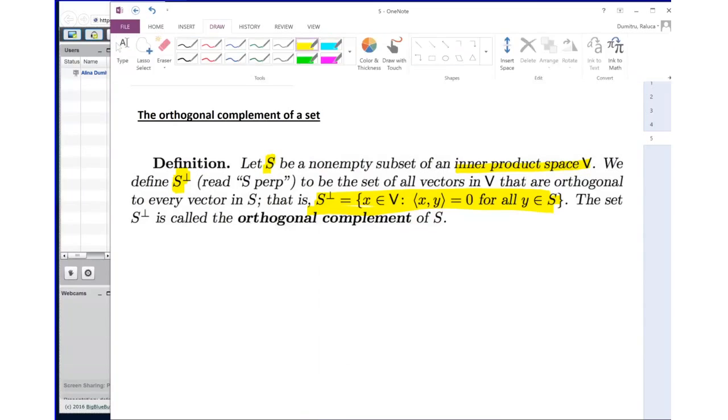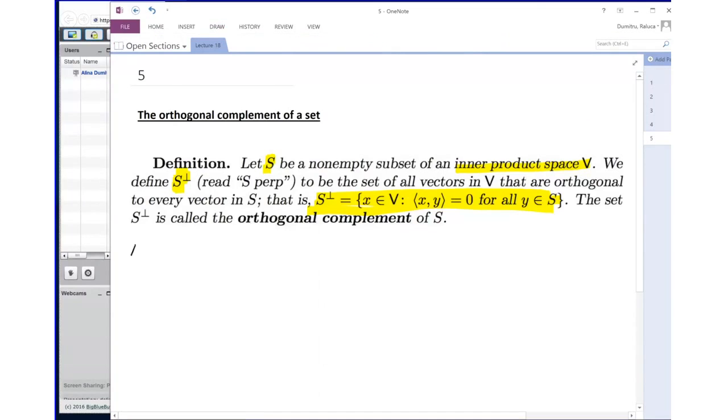For example, let's start simple. The set containing the 0 vector only. What would be the orthogonal complement of this? 0? No. Let me write it down.